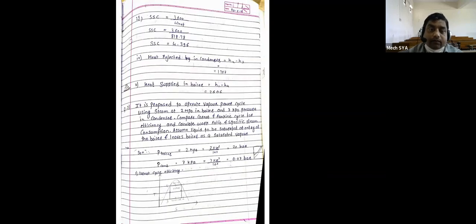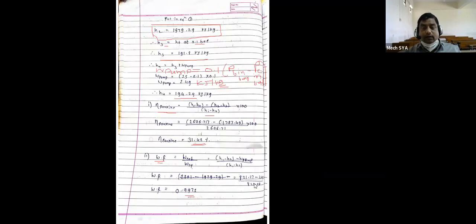Okay, next parameter is specific steam consumption. Specific steam consumption is equal to 3600 divided by W net. W net is equal to W turbine minus W pump. Here in that case, we have calculated it is 821.27 minus 2.49.